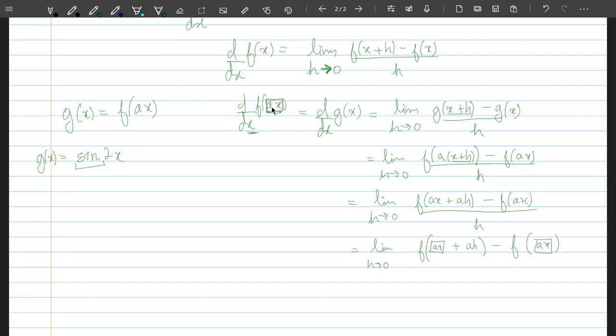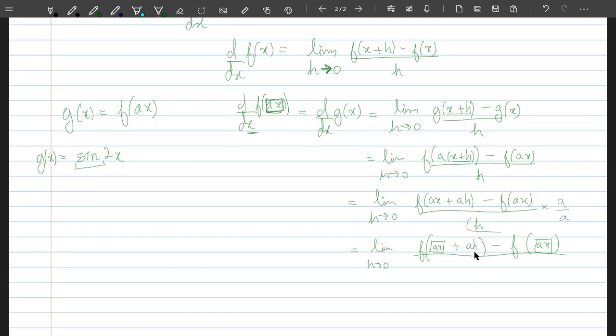So there's no place where you have only x without a, so that's not a problem. But that still leaves the problem of h. Here it is h approaching 0, not ah approaching 0, and in the denominator it is h, but in the numerator it is ah. So what we do is multiply and divide this by a.